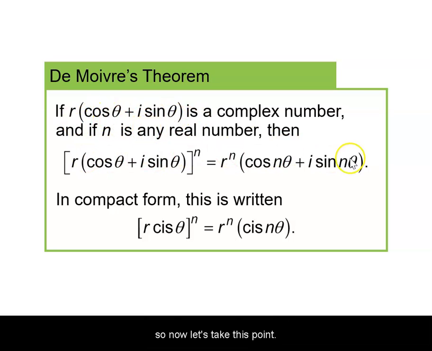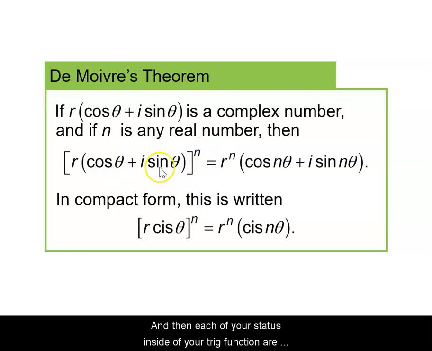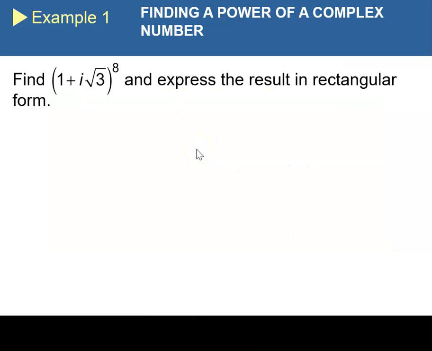Now let's use this formula in a quick example. Again, you take the radius and raise it to the nth power, and the theta inside each trig function is multiplied by the power n. For our first example, we will use the complex number 1 plus i root 3 to the 8th power.